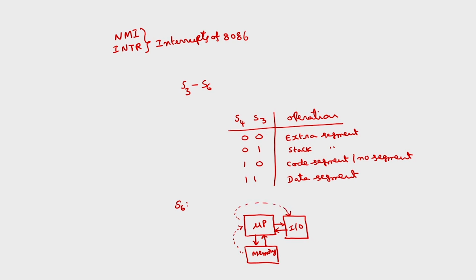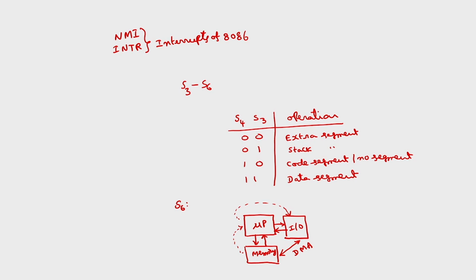Whereas this is time consuming, so for that we can use direct memory access between this memory and IO. This is called DMA, direct memory access. But in order to perform this DMA operation, the microprocessor buses must be controlled.